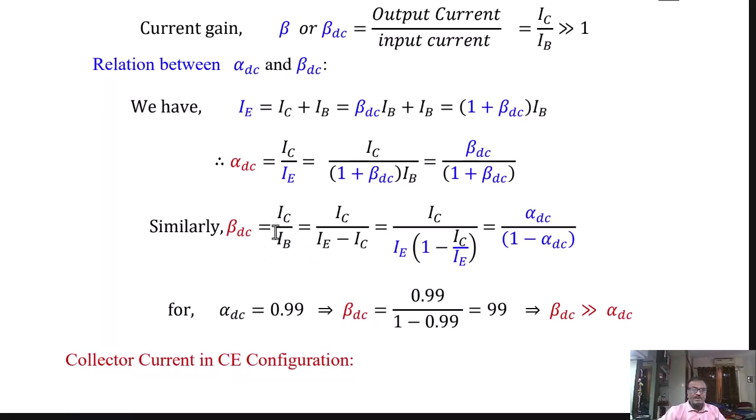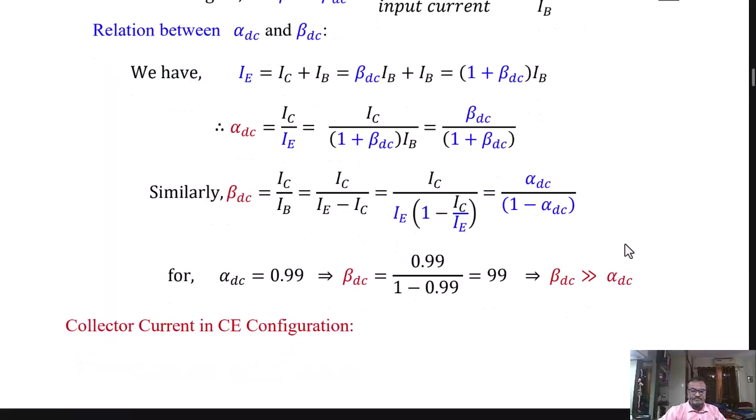But in the denominator, IB is nothing but IE minus IC. Take IE common from the denominator, we will get beta equal to IC upon IE in bracket 1 minus IC by IE. Here IC by IE is alpha, and therefore the equation becomes beta DC is equal to alpha DC divided by 1 minus alpha DC.